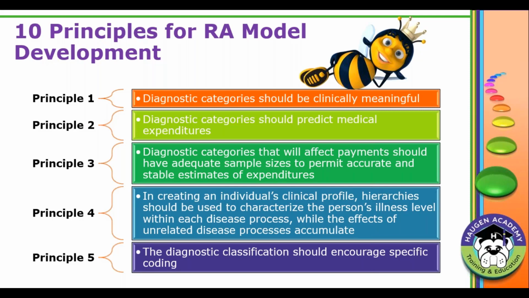Principle number 4, in creating an individual's clinical profile, hierarchies should be used to characterize the person's illness level within each disease process while the effects of unrelated disease processes accumulate. So we saw that in the diabetes slide that Shay went over, where you've got your uncomplicated diabetes, but then you have diabetes with chronic complications, and that trumps uncomplicated diabetes.